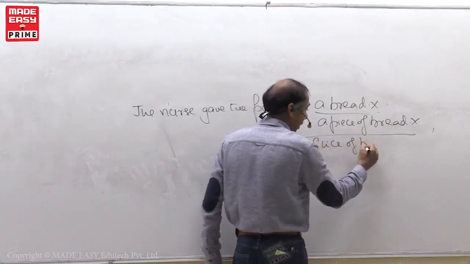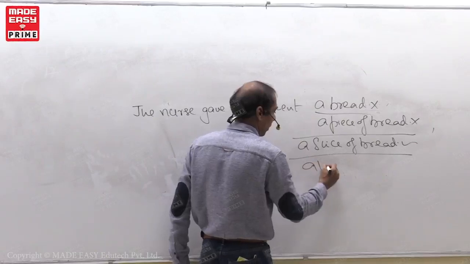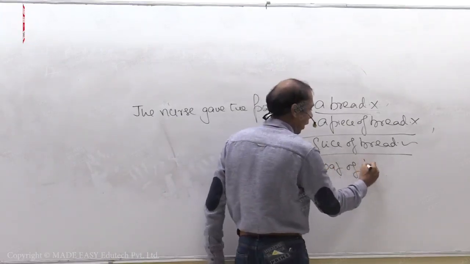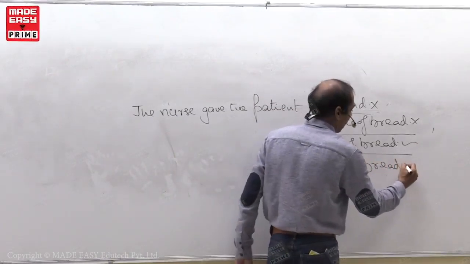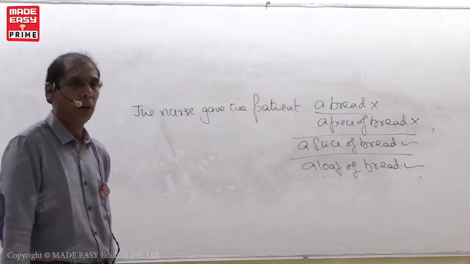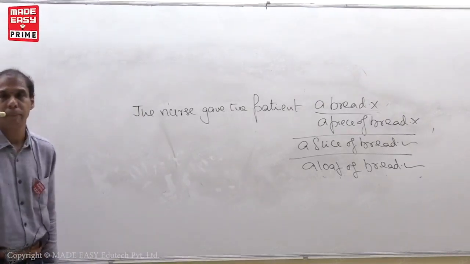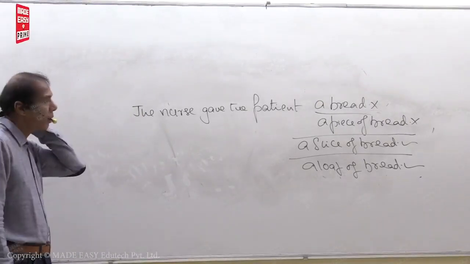A slice of bread. Correct. Or else a loaf of bread. Correct. Both are correct. A slice of bread, a loaf of bread. Okay.